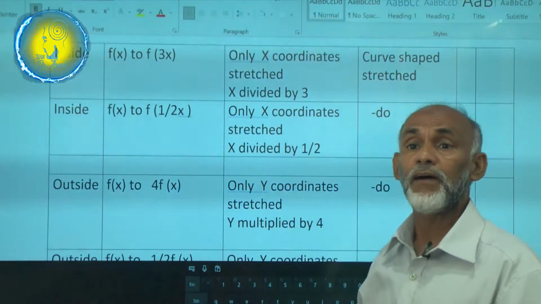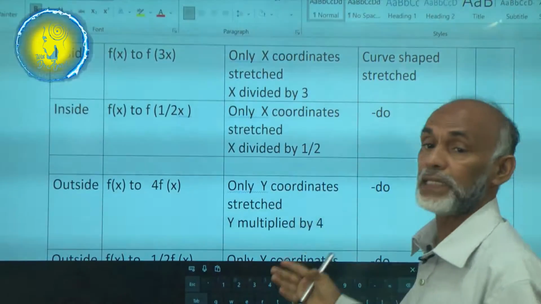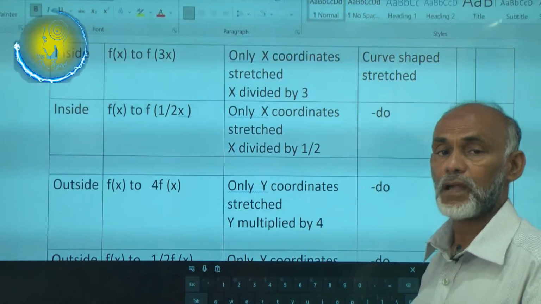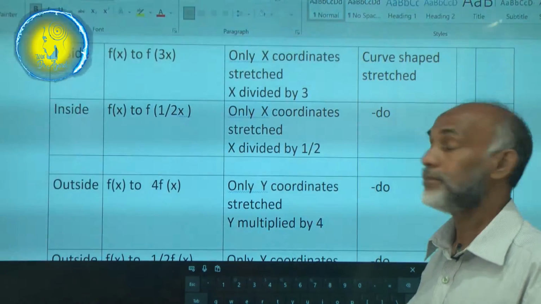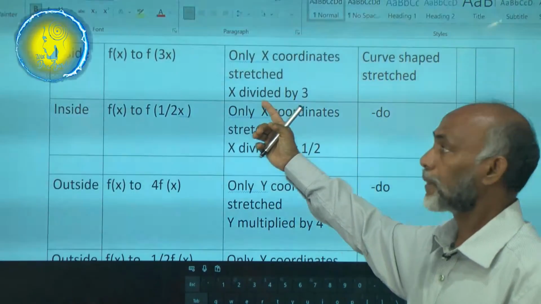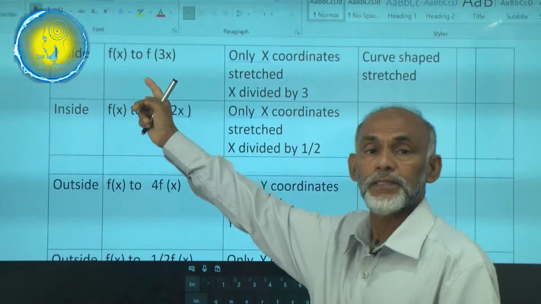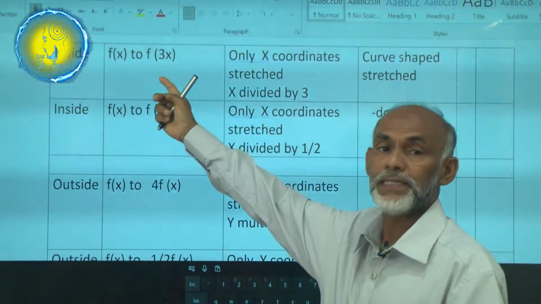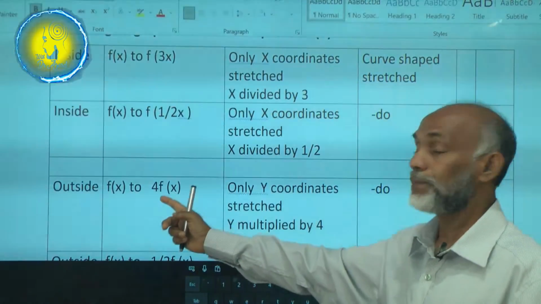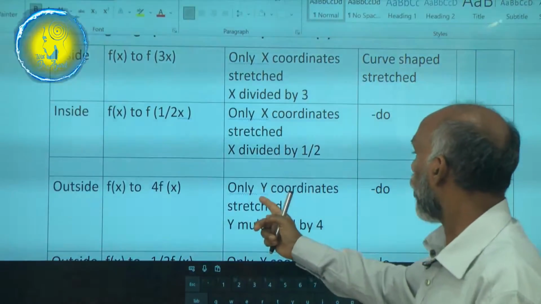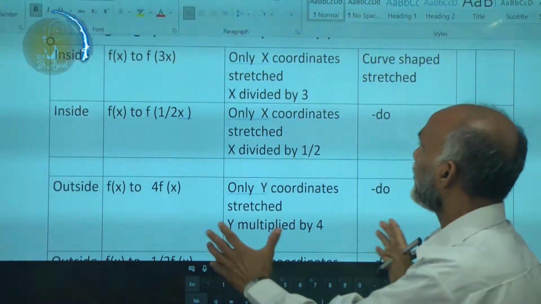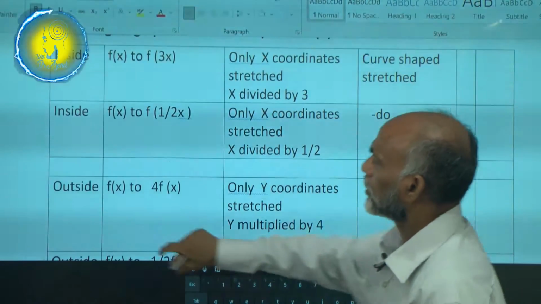Then we must see what sort of effect you will be getting in the transformation of the graph. Only the x coordinate is stretched, that is in the case of the function multiplied inside. When the function is multiplied outside, only the y coordinate is stretched. Once you have this guideline, you will not make a mistake.